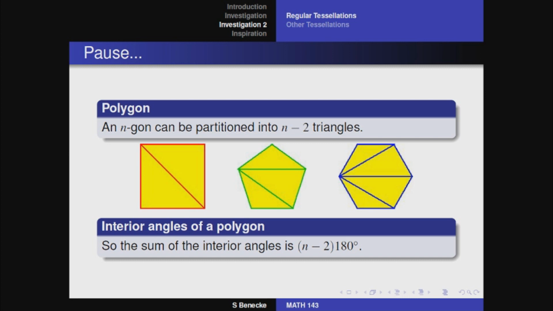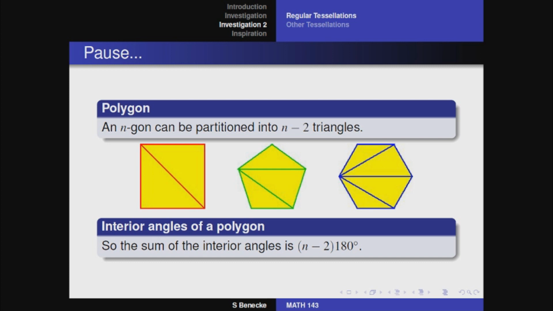The square will be split up into 2 triangles. The pentagon will be split up into 3 triangles. That's not the only way, but one of the ways. The hexagon will be split up into 4 triangles.